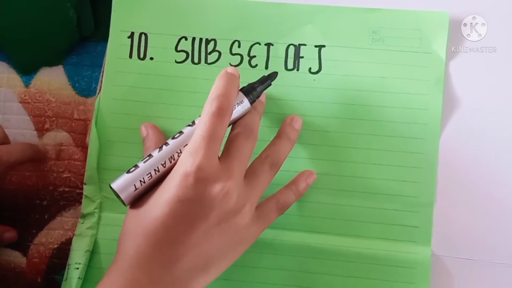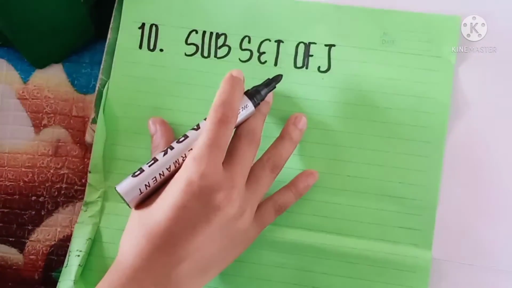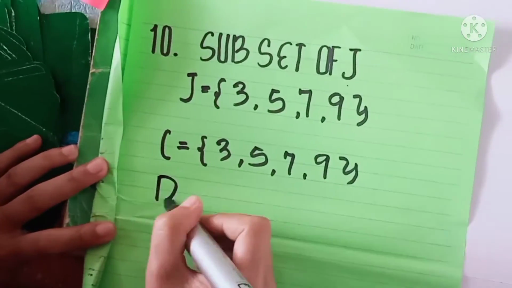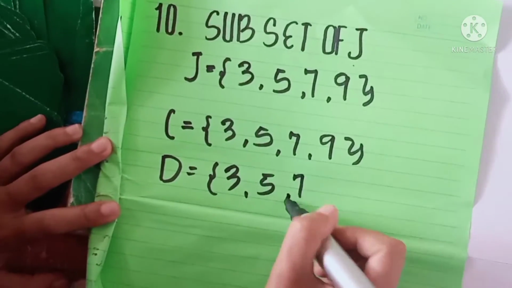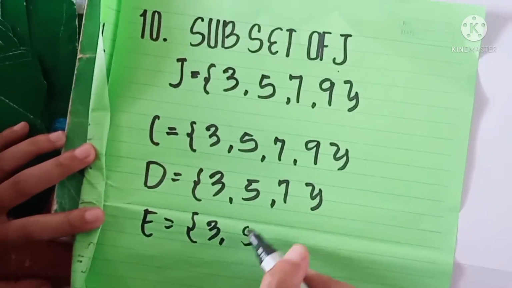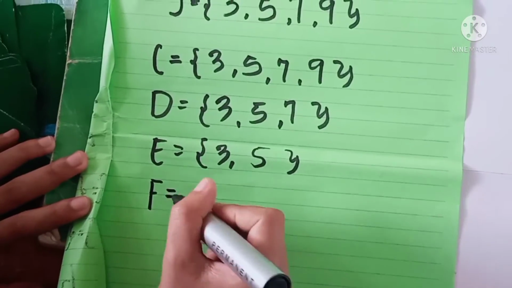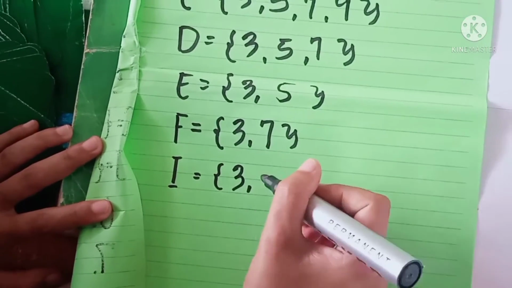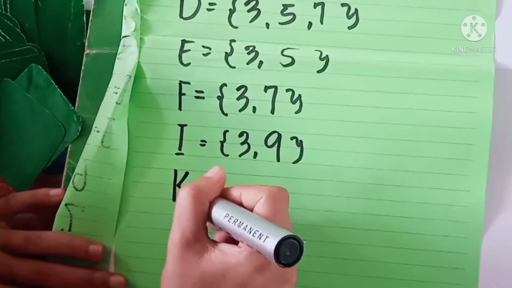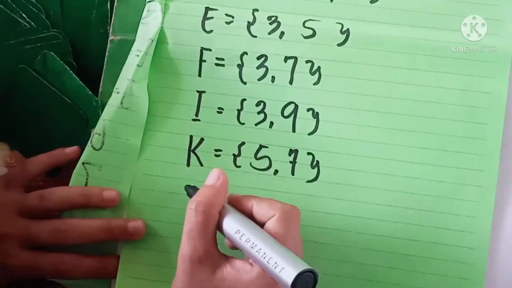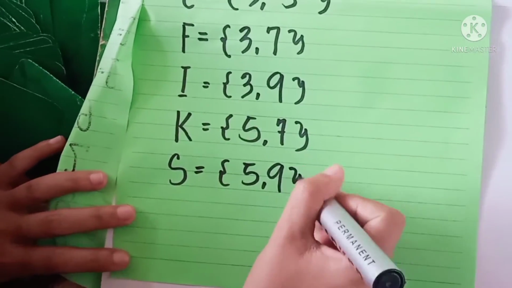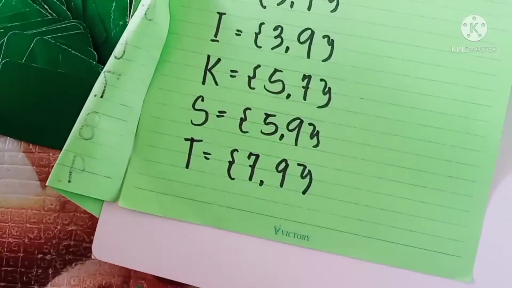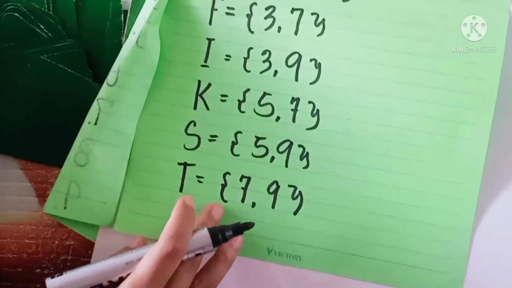Let's now take the subsets of set J. Ready, take out all the subsets from set J.